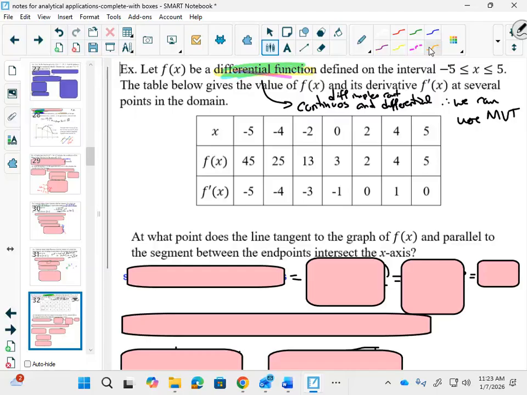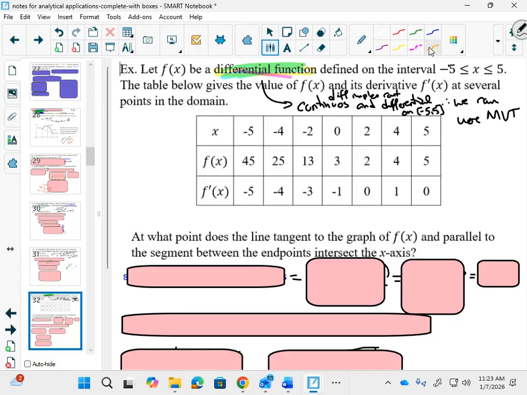So the fact that they told us it's a differentiable function from -5 to 5, maybe I even write that here on -5 to 5. You wouldn't be allowed to use the mean value theorem after that because we don't know after 5 or before -5. But our table doesn't go past it anyways.